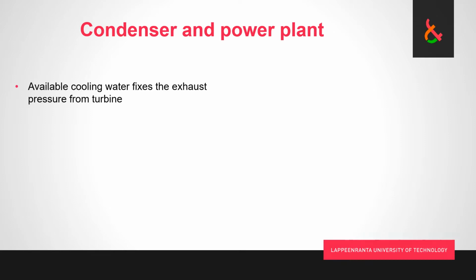But basically, the available cooling water temperature is what fixes the exhaust pressure from your turbine. Now, as we said, live steam temperature is limited by fuel characteristics, and between the live steam and the exhaust to the condenser, you're going to be expanding at some isentropic efficiency, which doesn't have a whole lot of variability. Turbines from whichever manufacturer are pretty much similar in the efficiency you can get out of them.